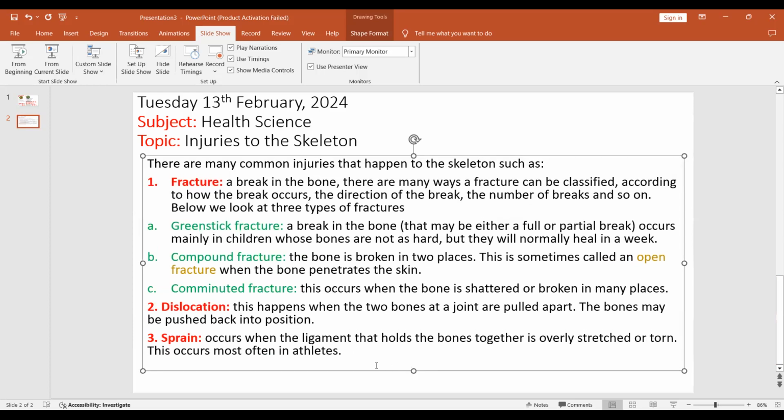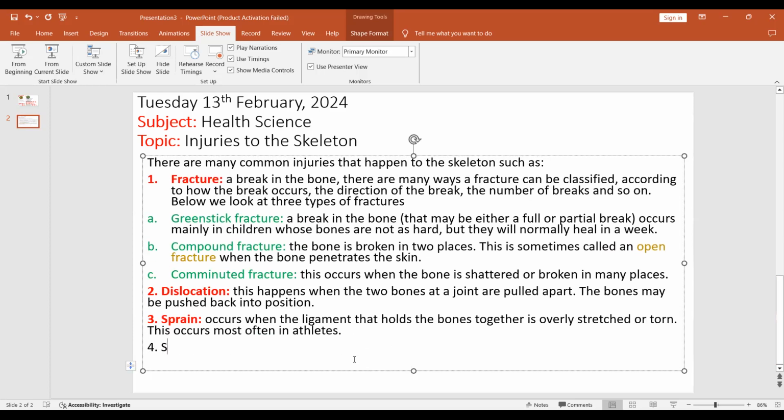The next one we're going to talk about is what we call a slip disc. It's the fourth one, a slip disc. So this occurs when the cartilage, we talked about the cartilage before.